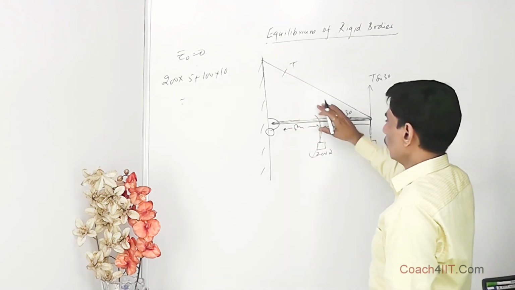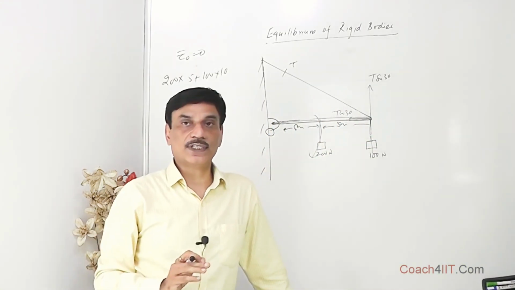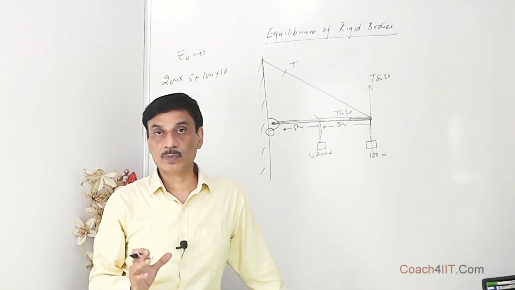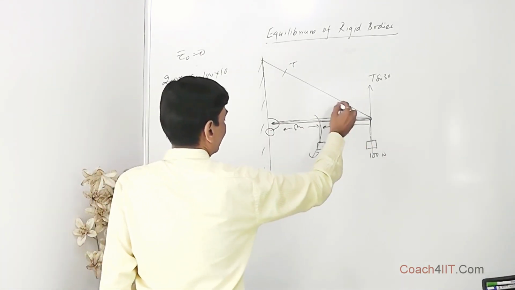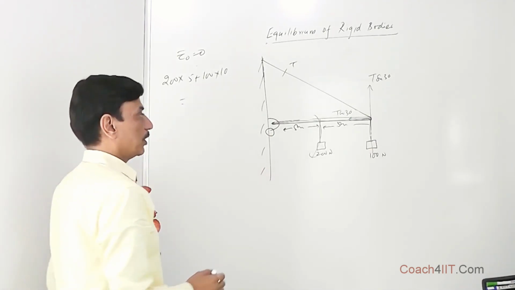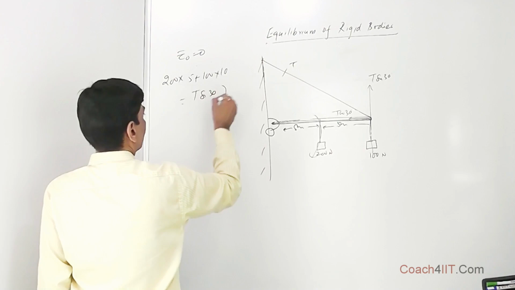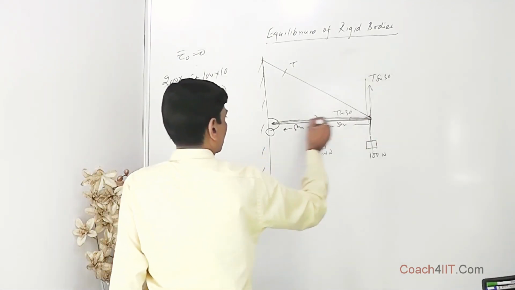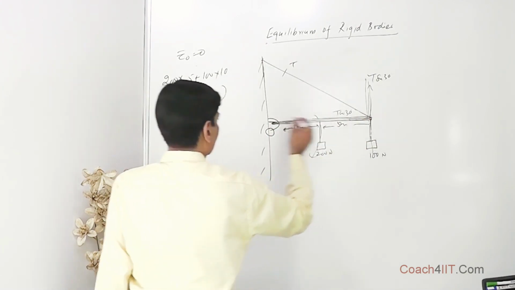This rod is moving neither clockwise nor anti-clockwise. So clockwise moments are equal to anti-clockwise moments. So this 200 into 5 plus 100 into 10, that is the clockwise moment, is being balanced by the anti-clockwise moment, that is T sin 30 degree force into the perpendicular distance between line of force and axis, that is 10.